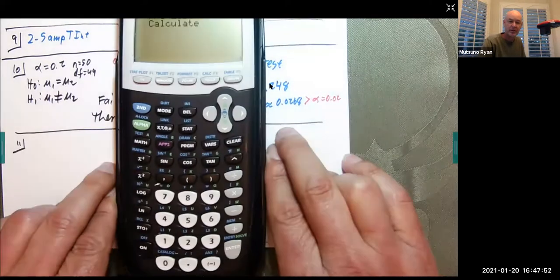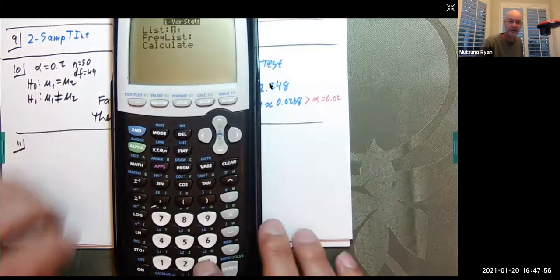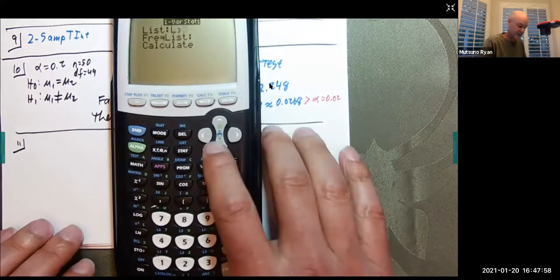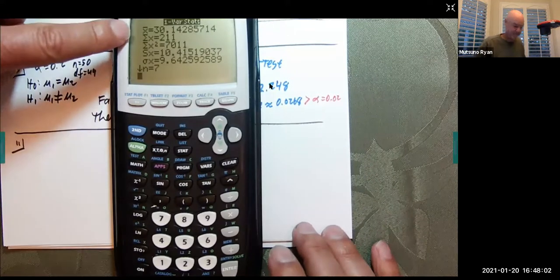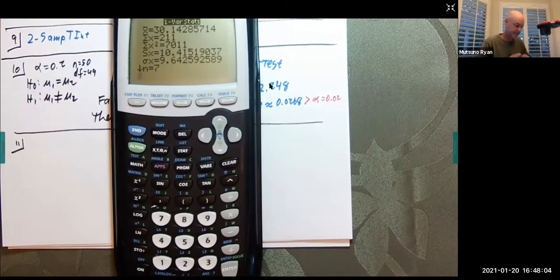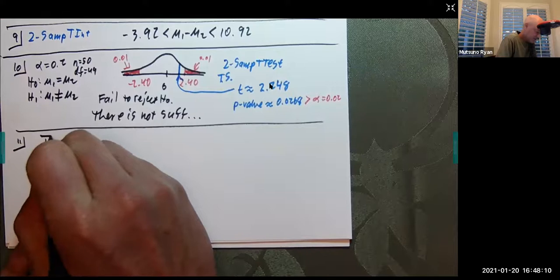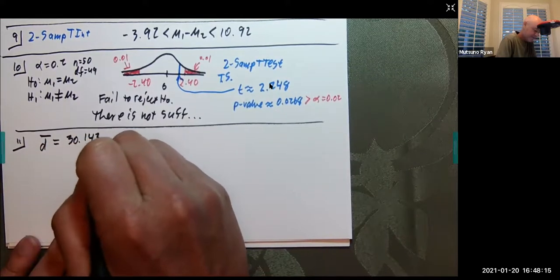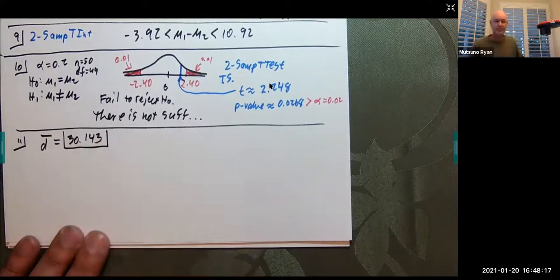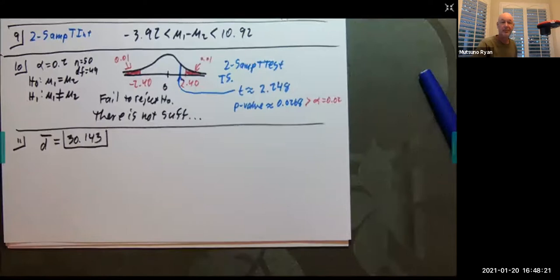So I'm going to hit second 3, and that gives me list 3. And then I calculate. And actually, D bar is X bar. So D bar in this case is 30.143. It's quite nice.